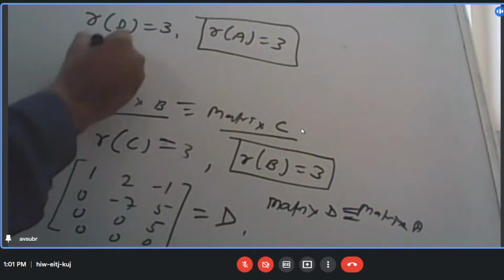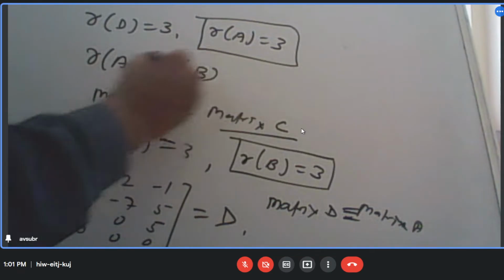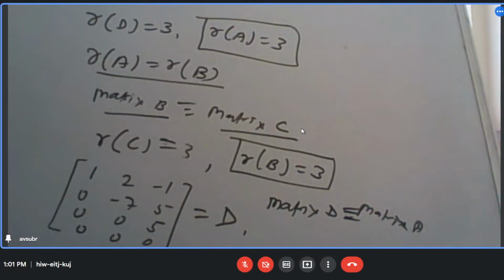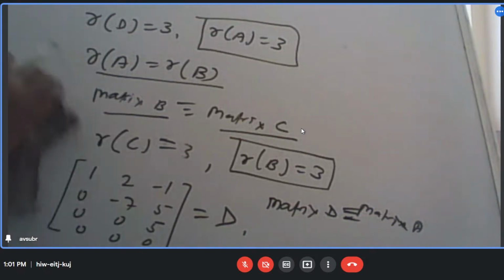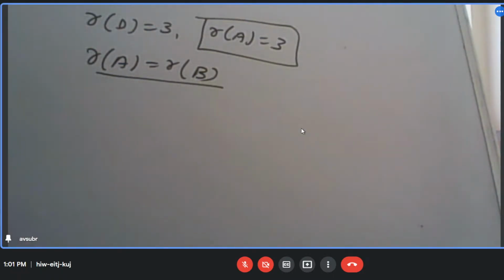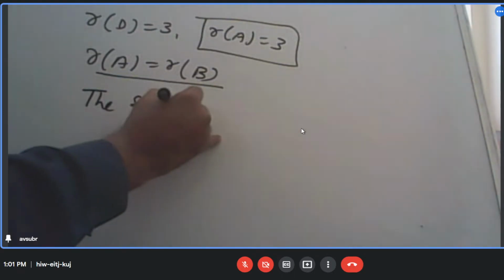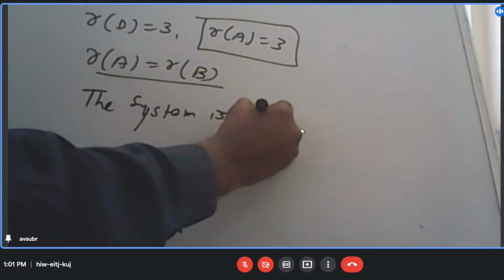So rank of A is equal to rank of B. Right? So the system is consistent. We have proved that the system is consistent.